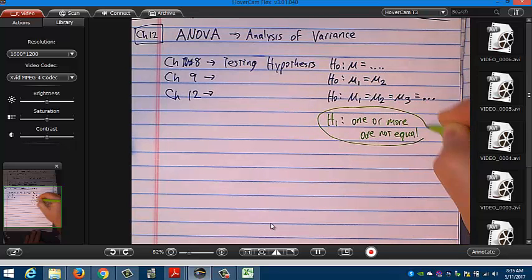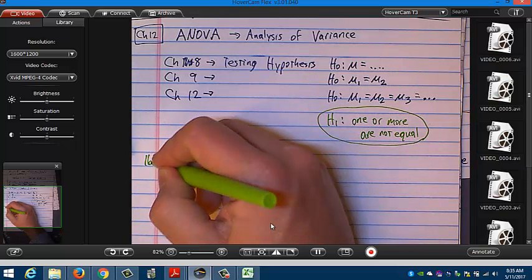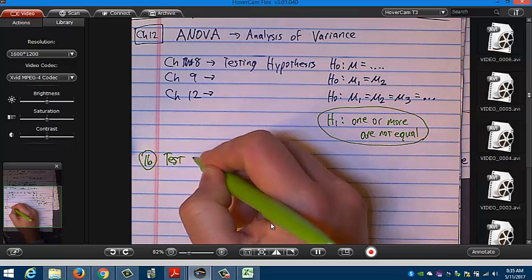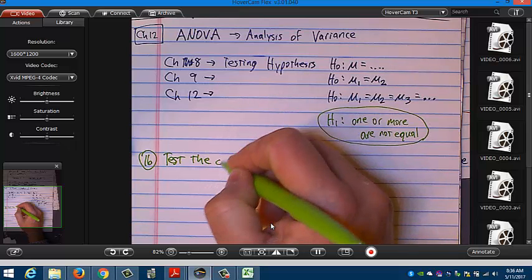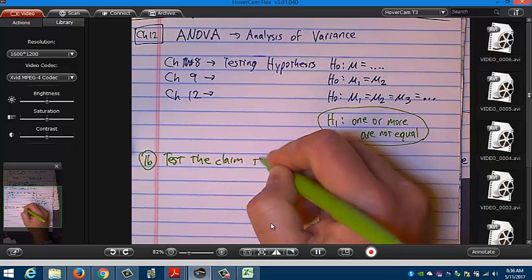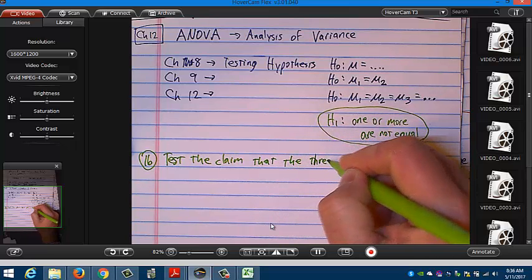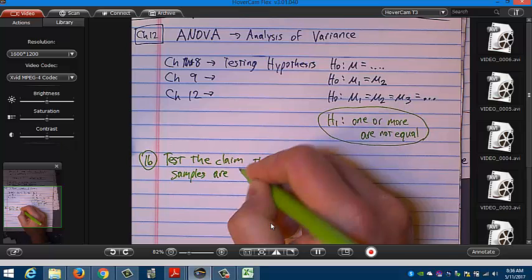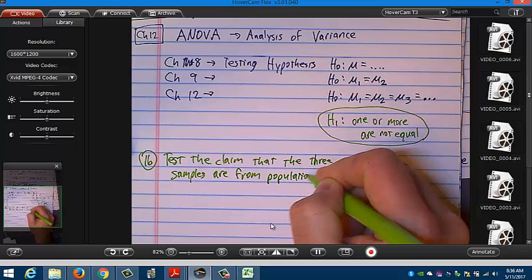Anyways, in problem 16, they asked me to test the claim that the three samples are from populations with the same mean.